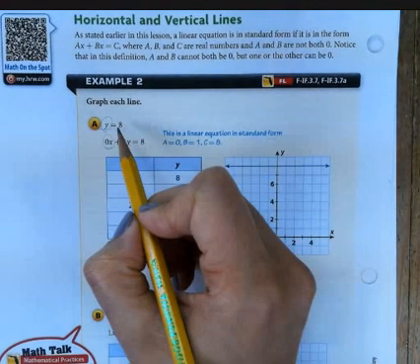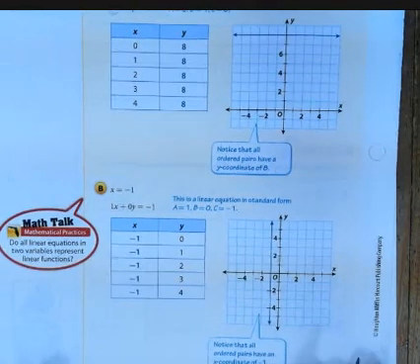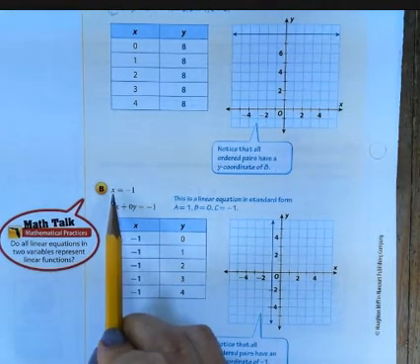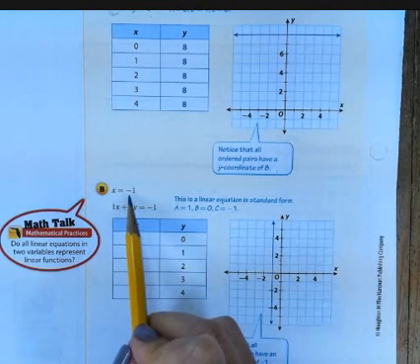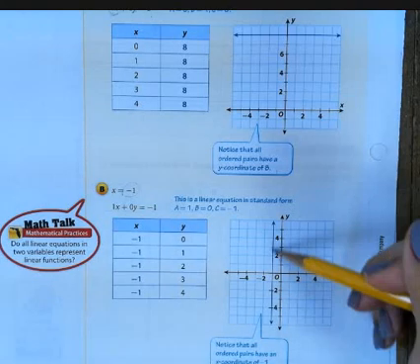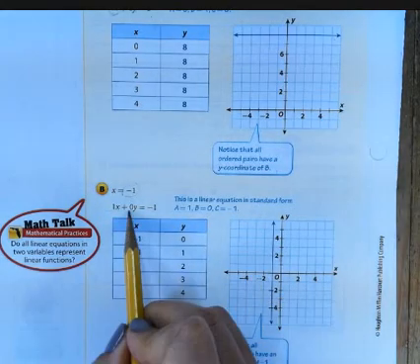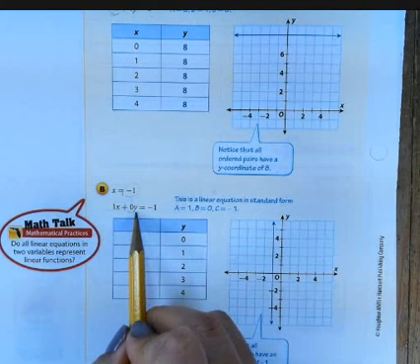Okay, so it's the same concept. You're going to put a 0y into your equation, and any value that you substitute for y is always going to give you -1 as your x value. So it doesn't matter what value you substitute for y, your x is always going to equal -1 for this equation.